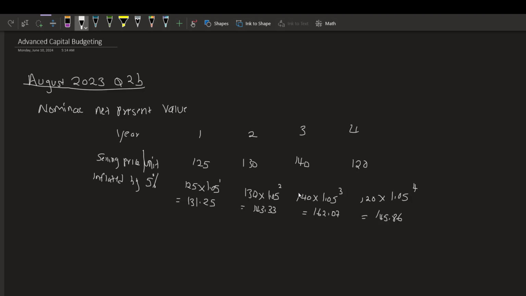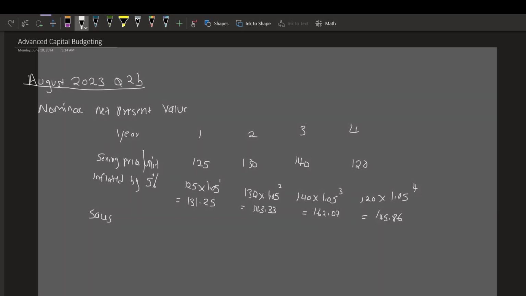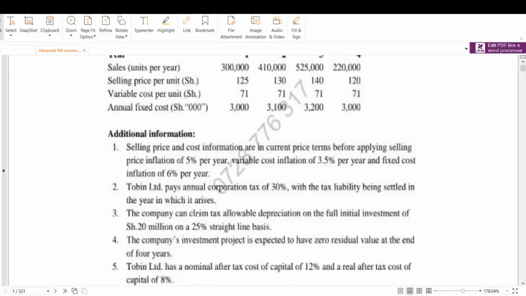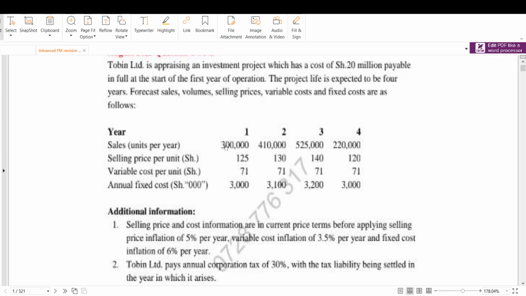Now to get the sales value, we multiply the selling price by the number of units sold. We are given the sales in units. The first year we have 300,000, 410, 525 and 220.